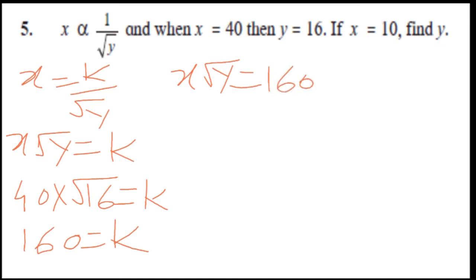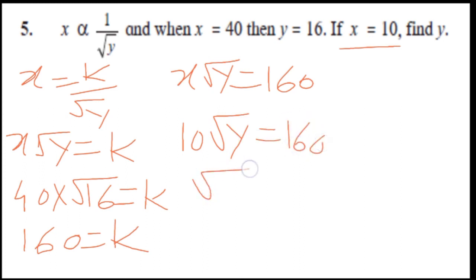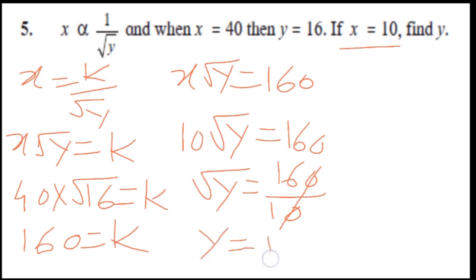Substitute the value of x is equal to 10, therefore 10 into root y is equal to 160. Therefore root y is equal to 160 upon 10. Here 0 cancel. Root y is equal to 16, means y is equal to 16 square, squaring on both sides.